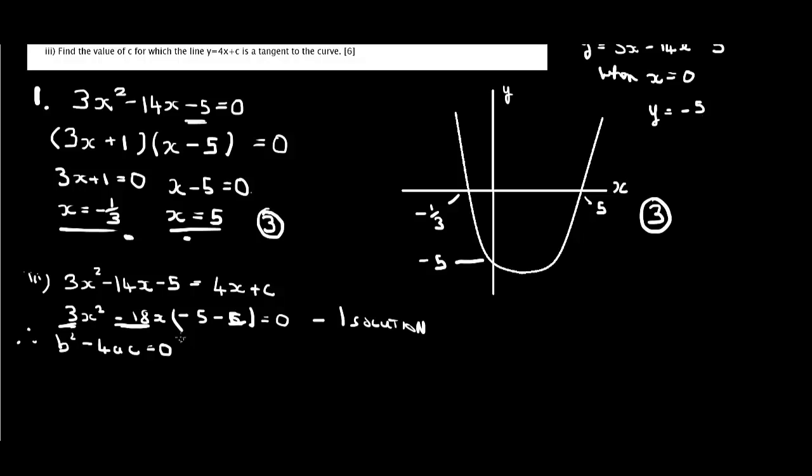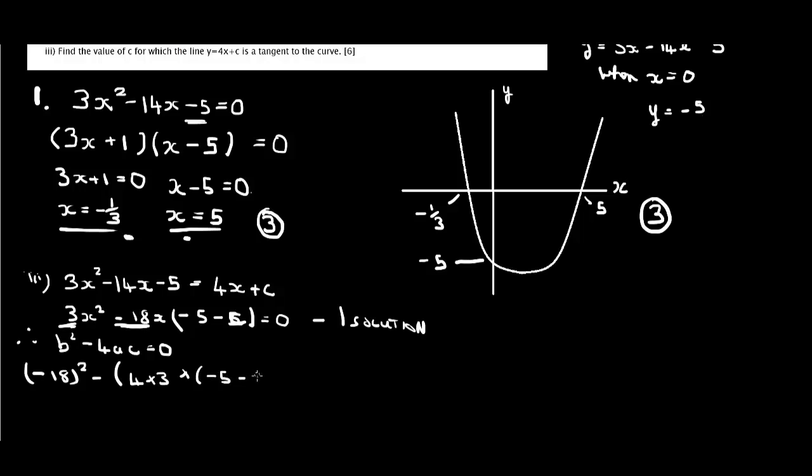That's a, that's b, and that is c, just put the bracket around c. So we substitute for a, b and c, and we'll get minus 18 squared, that's the b squared, minus 4 times 3, that's 4a, times c. Now I've put c inside a bracket because there's a couple of negatives there and it might get a little bit tricky.